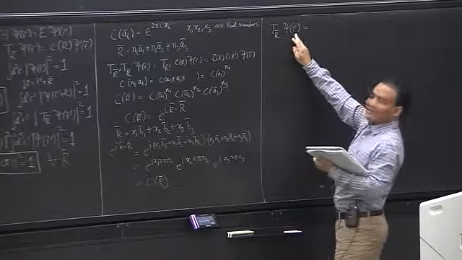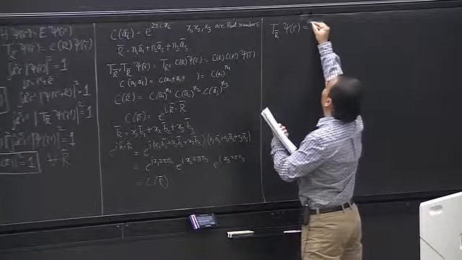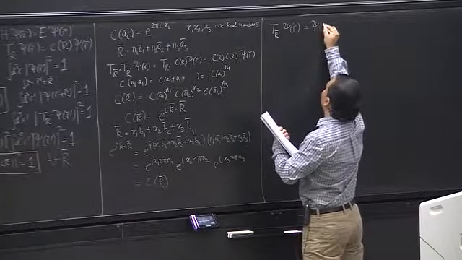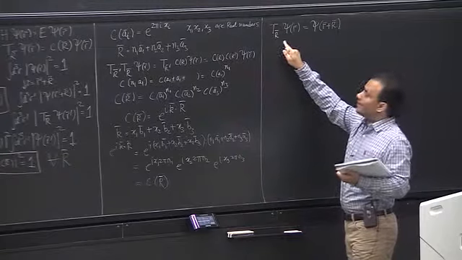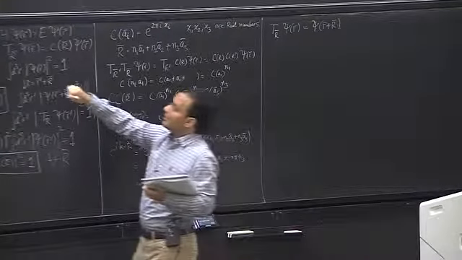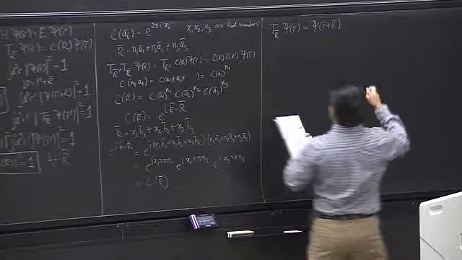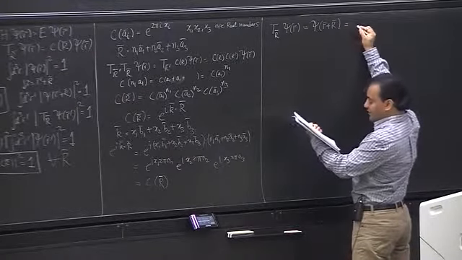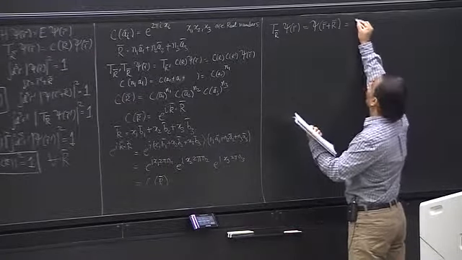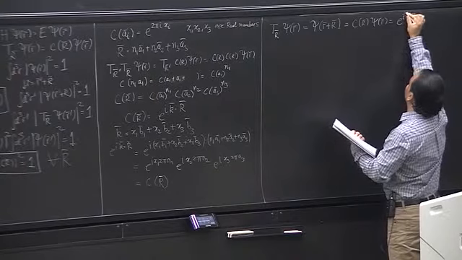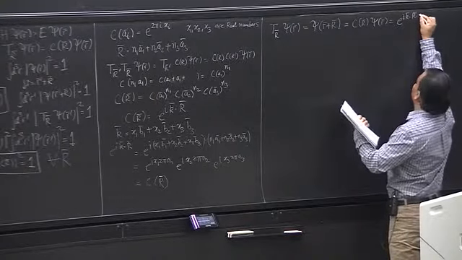So what I can write is translation by a direct lattice vector R on an eigenstate psi of r. This should translate the argument r. This is the same as psi of r plus R. Also, this should be the same as the eigenvalue of the translation operator times this. These are simultaneous eigenstates. So this is the same as C of R times psi of r, which we just showed is the same as e to the power i k dot R times psi of r.